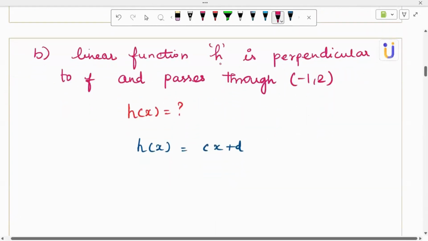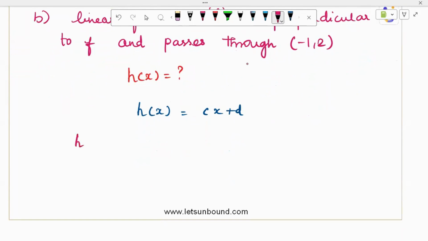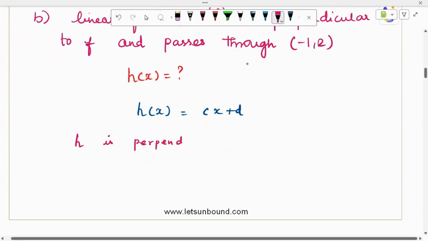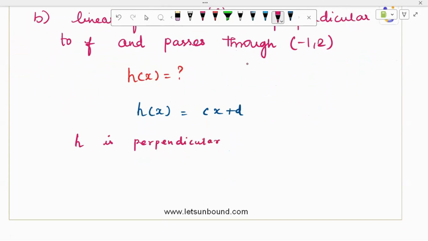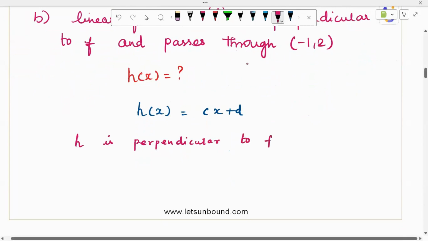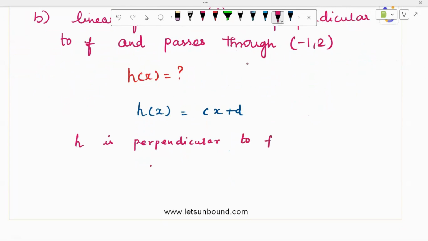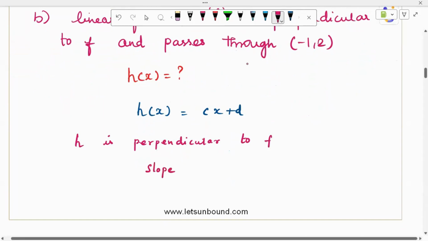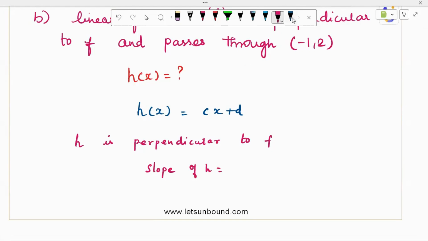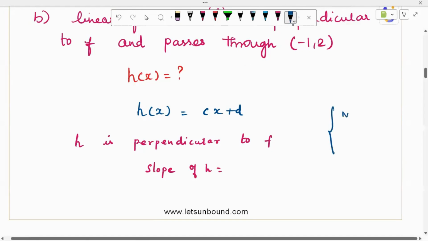And the linear function h is perpendicular to f. What does that mean? They are lines, right? h and f are basically lines. So the slope of h is what I need. The slope of h is the negative reciprocal of the slope of f. Negated, also reciprocated.